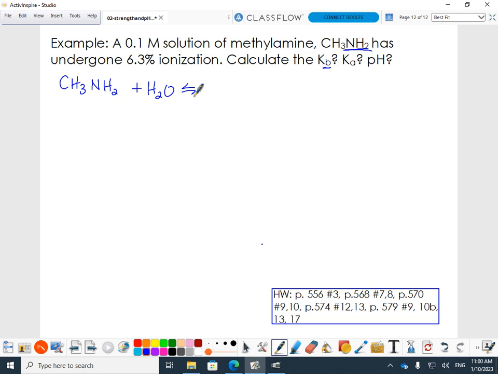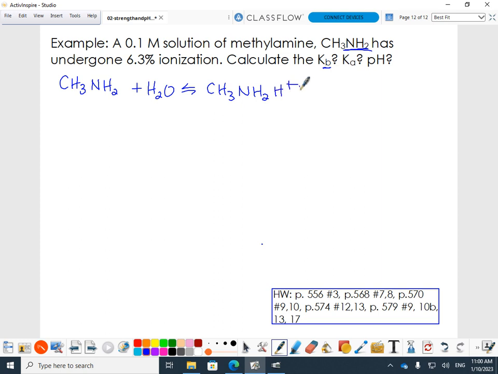So when you write the formula of the cation on the other side, really it's going to be CH3NH2 and another hydrogen. So even if you wrote this, okay, even that's good enough.